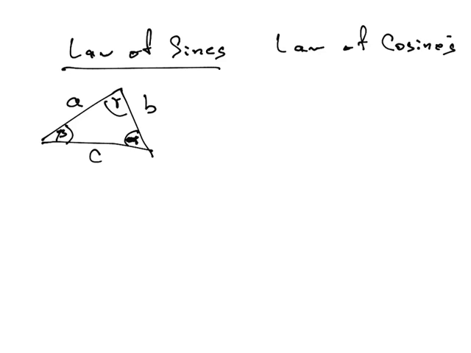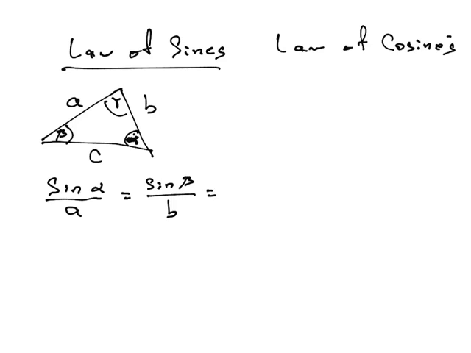The law of sines says that the sine of angle alpha divided by the length of alpha's side A, so that is the side opposite to the angle, is the same as the sine of angle beta over the length of side B.